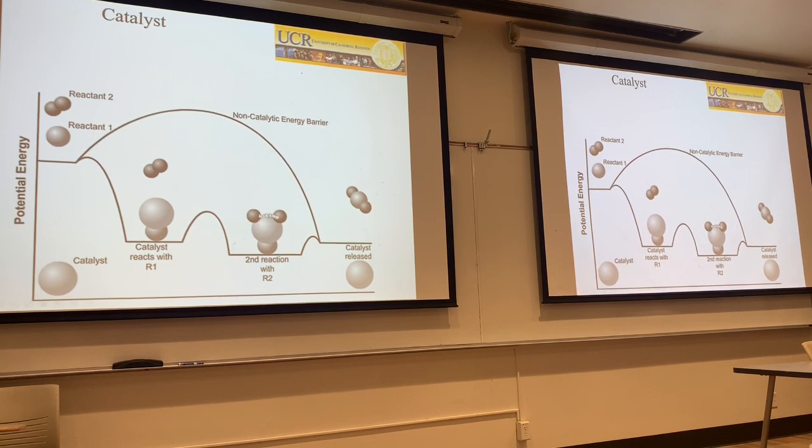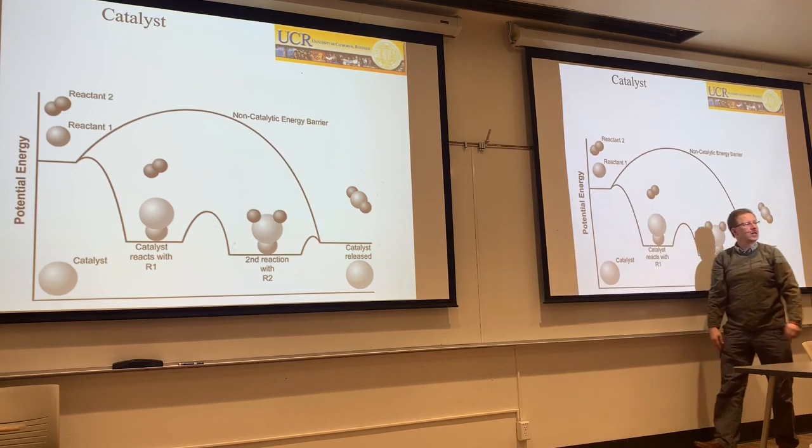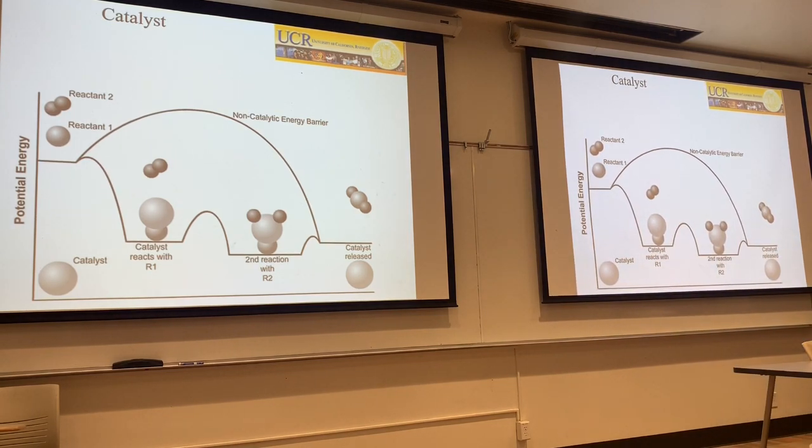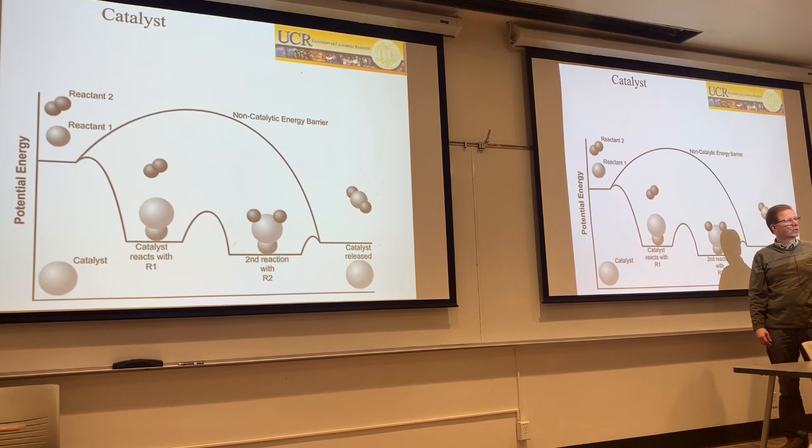And then on that catalyst, the two reactants interact with each other, the product is formed, there's another barrier for the product to release from the catalyst, and finally you have your catalyst back and you have your product. And each one of these barriers is smaller than the total barrier in the absence of the catalyst. And that is why the catalyst is effective.